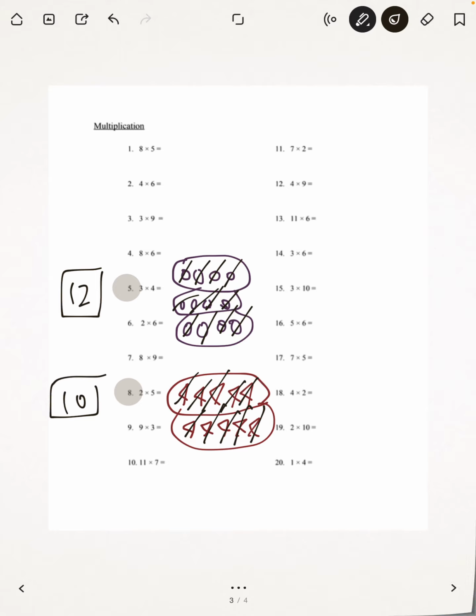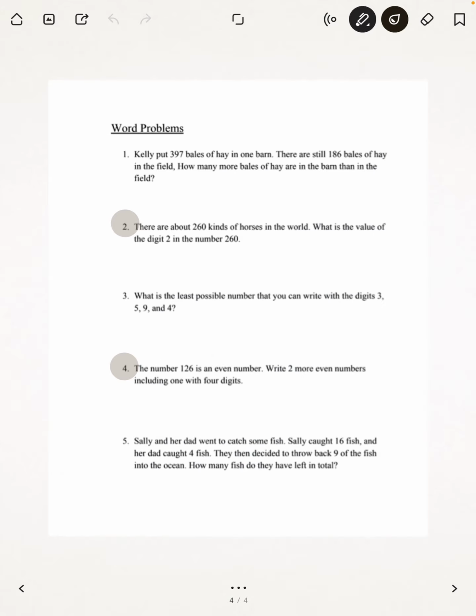And on the last topic, which is word problems, it says there are 260 kinds of horses in the world. What is the value of the 2 in the number 260? So remember, in the first page we went over place value, and I said that the number farthest to the right is known as the ones place.